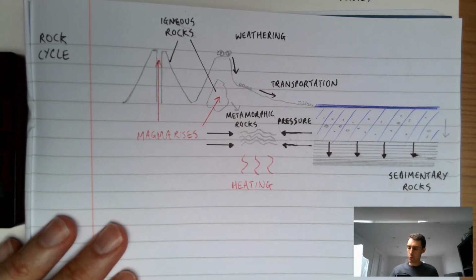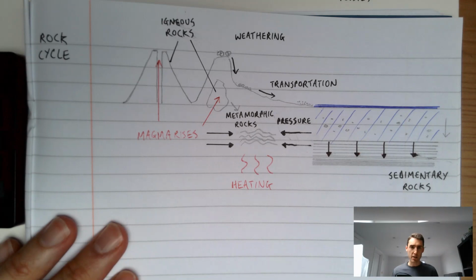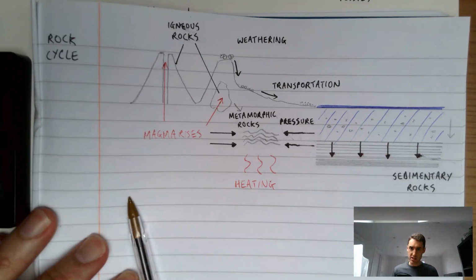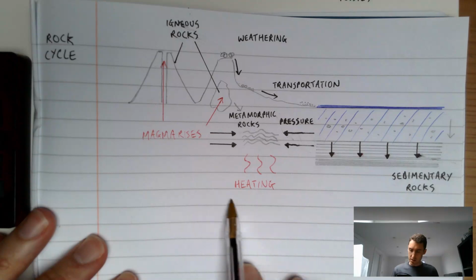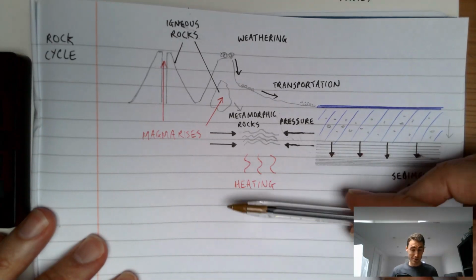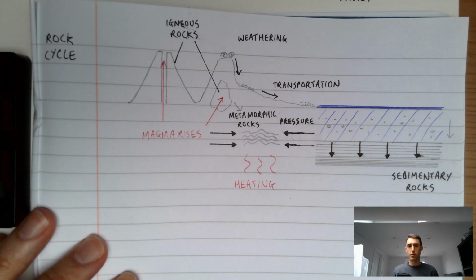And I think what my diagram is missing here, which I could maybe add now, is the fact that the mantle exists underneath the crust. So we've got the mantle here, and firstly the mantle is heating, so it's a lot hotter than the crust.